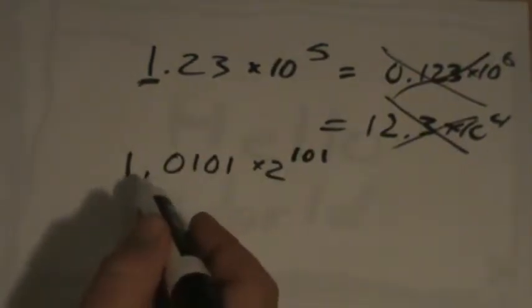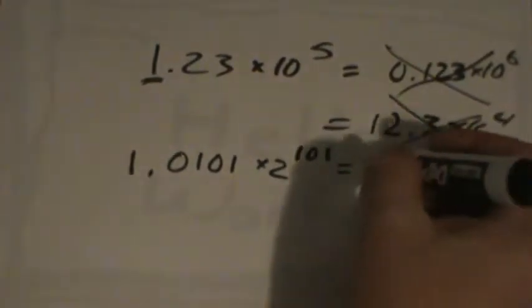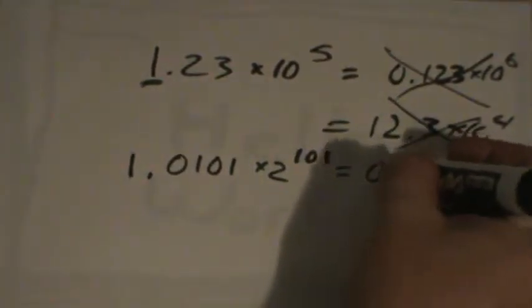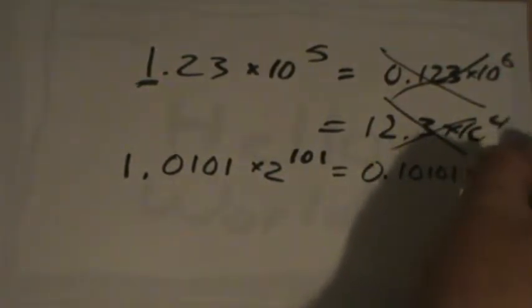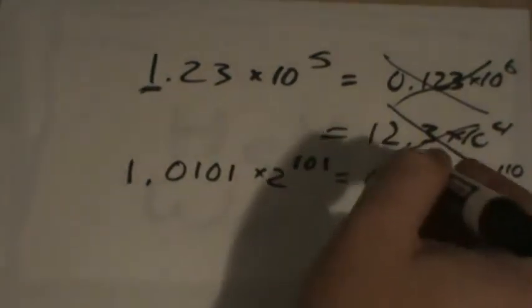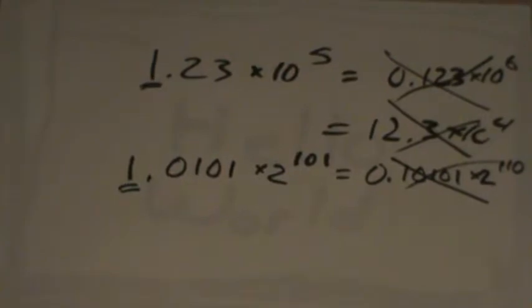Since this cannot be done by just shifting, I don't allow you to write 0.10101 times 2 to the 110. I'm not allowing you to do this. I'm requiring that first digit to be 1.